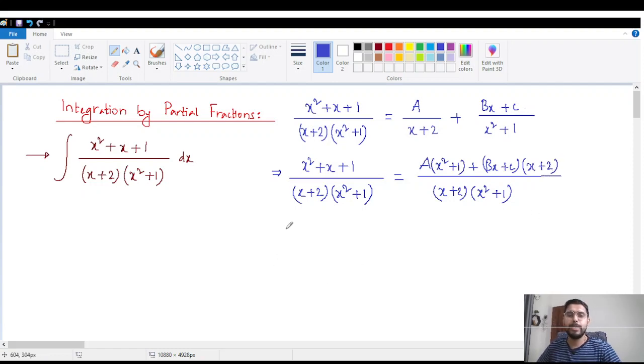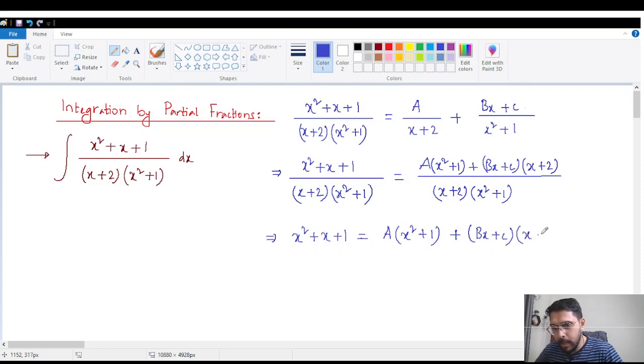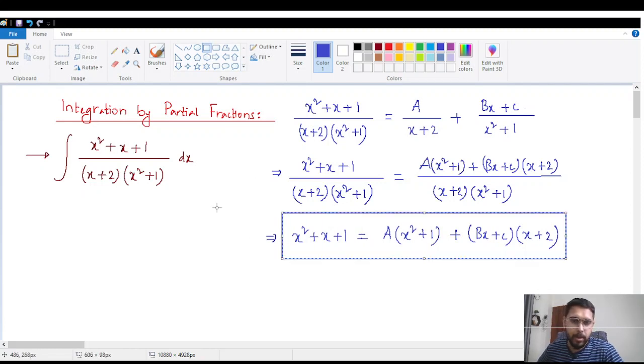Okay, so this is the next step. And now the final step of the framework: x square plus x plus 1 will be equal to A times of x square plus 1 plus Bx plus C times of x plus 2. Okay, so this is the total framework.